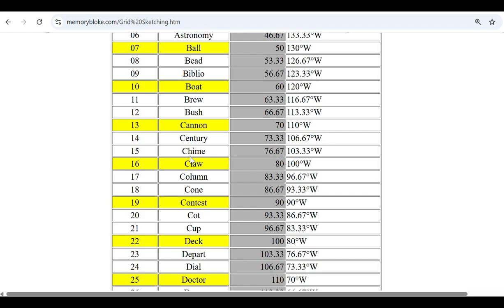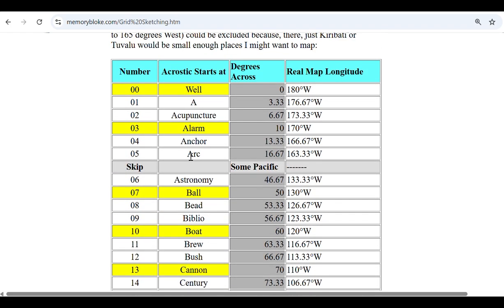It involves acrostics. So I have an acrostics article in this website, memorybloke.com, and I'm associating longitude and latitude with particular spelling ranges.